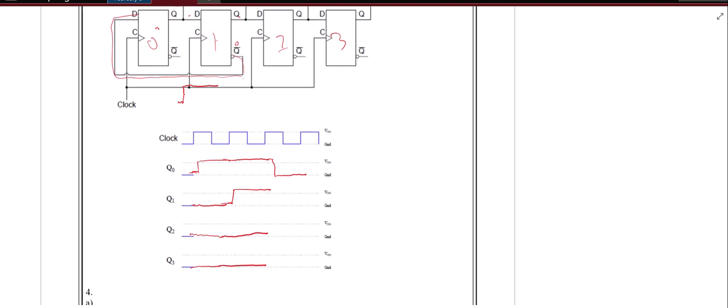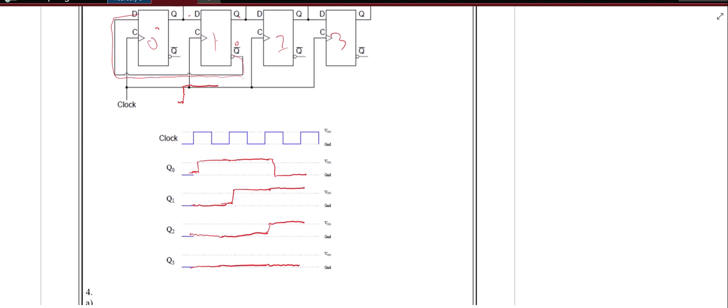It doesn't see this new 0 that's coming up, so it's going to stay 1. Q2 now finally sees that 1 that was trickling through, so it will become 1. But Q3 is still 0 because Q2 was still 0.